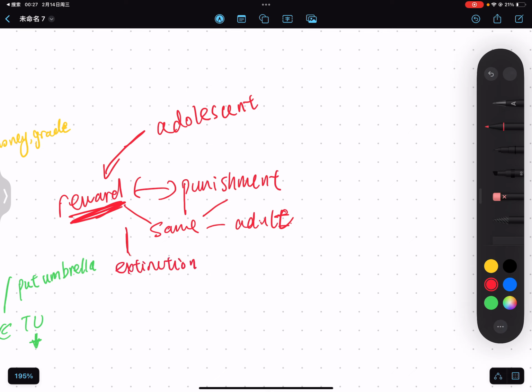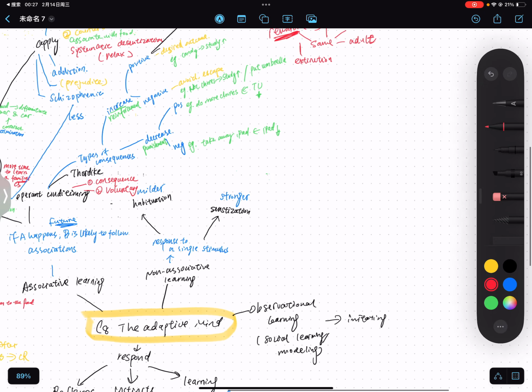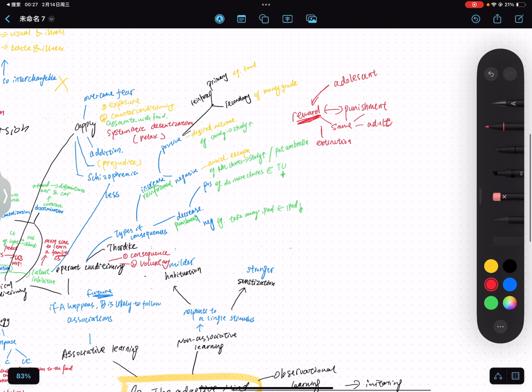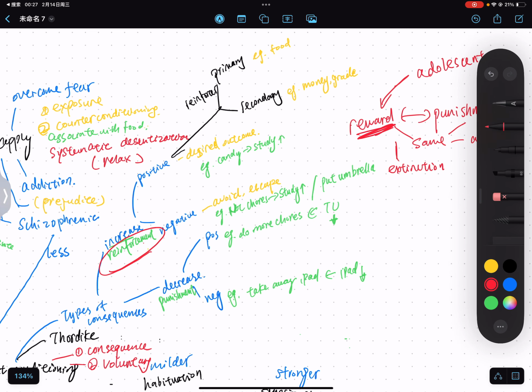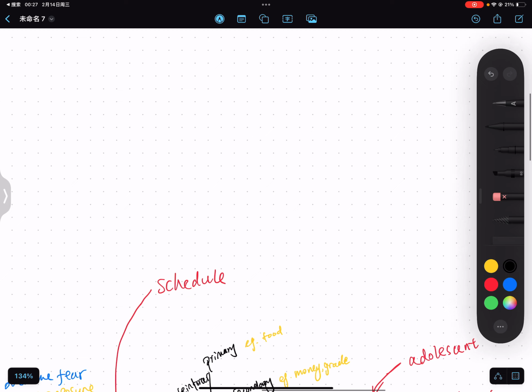And now I will talk about operant conditioning. The reinforcement actually has schedules. The schedule has 4 types. It's divided into ratio schedules and also interval schedules, the time.